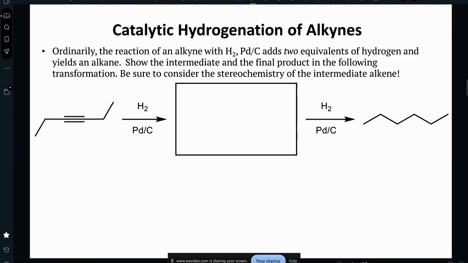So if I do this reaction with an alkyne, first the hydrogen will react with the alkyne. Remember, this is a syn addition, so I'm going to add my 2 hydrogens to the same side. That would give a cis alkene.